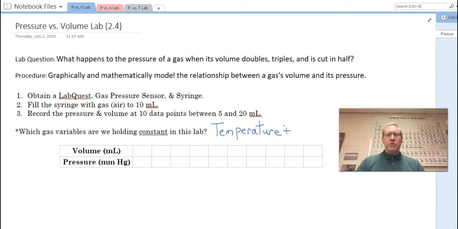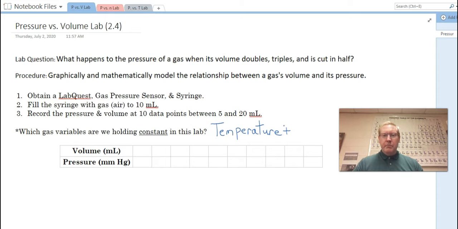The other one, which might not come to mind right away, we want to keep the same number of gas particles the whole time. We want to make sure that the number of gas particles isn't changing. We are going to change its volume. We're going to change the amount of space those particles exist in. Could be bigger, could be smaller, but the number of particles is going to stay the same.